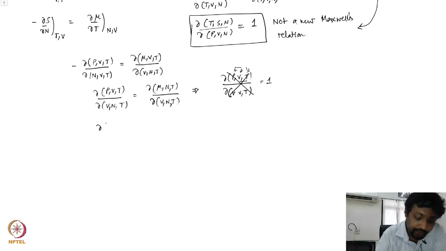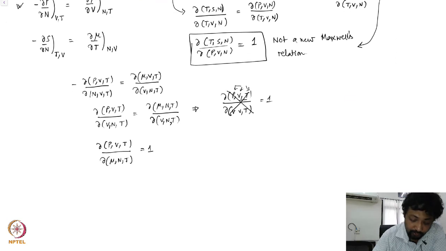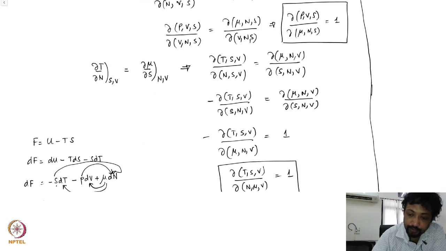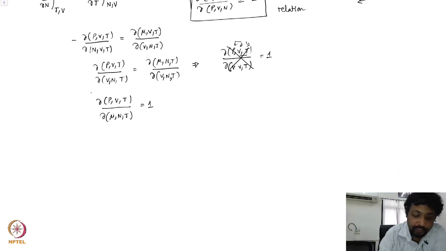The right equation is del P, V and T and del of mu and T is equal to 1. And we go back to the other ones. We do not have a combination of PVT. Do we have a combination of PVT? We do not have. Therefore, this is a new Maxwell's relation that we have found out. This is new.